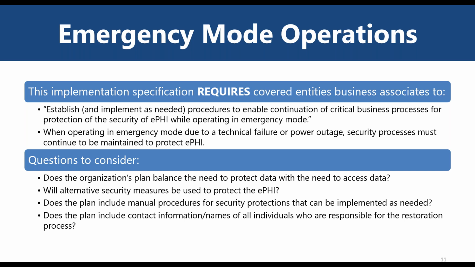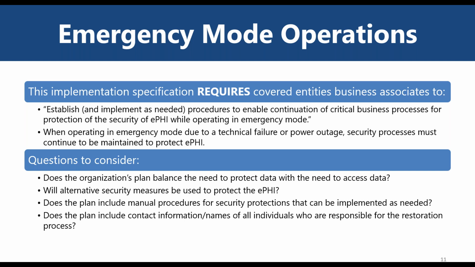And what if there was a technical failure that happened during COVID-19? How would you address that? All those were considerations with your emergency mode operations plan. But that's not just true for COVID-19, it's any emergency situation, as we've been talking about some of these other examples, fires, earthquakes, hurricanes, whatever the case may be.